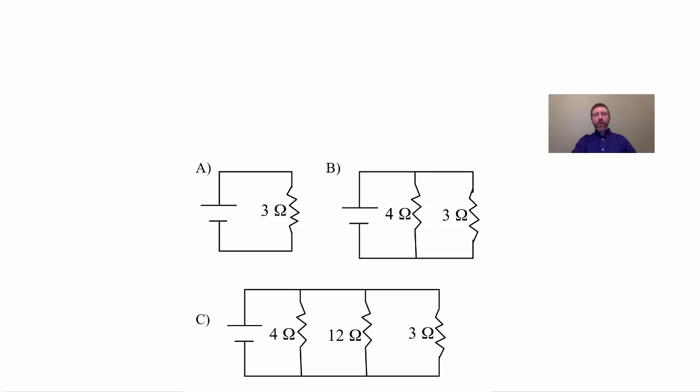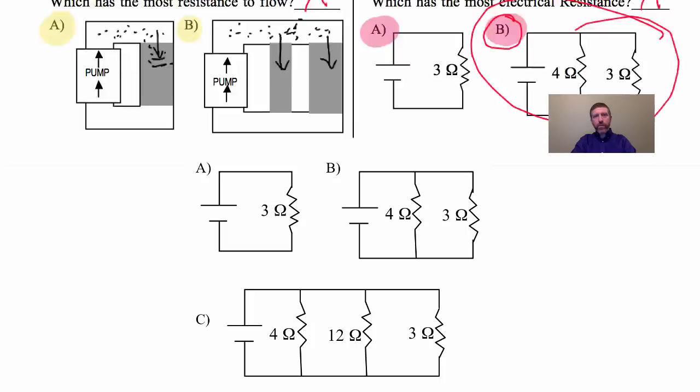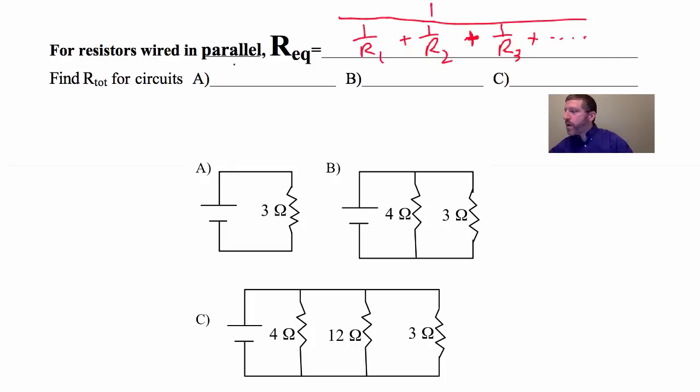Let's go ahead and find our total for A, B, and C. So for A, that's going to be easy. We've already figured that out, it's 3 ohms. Let's figure it out for B, though. For the resistance for B, it's 1 over 3 ohms plus 1 over 4 ohms. And you can do this on your calculator, or you can get a common denominator. Common denominator for that is 12.